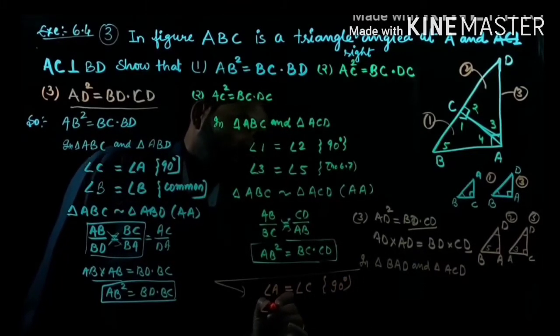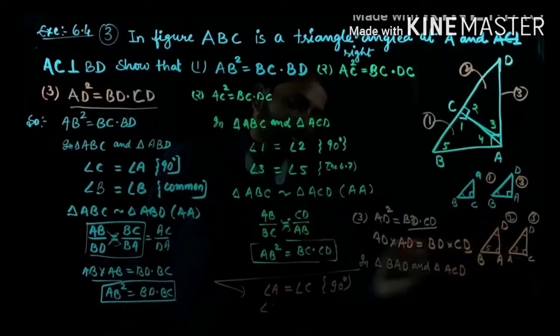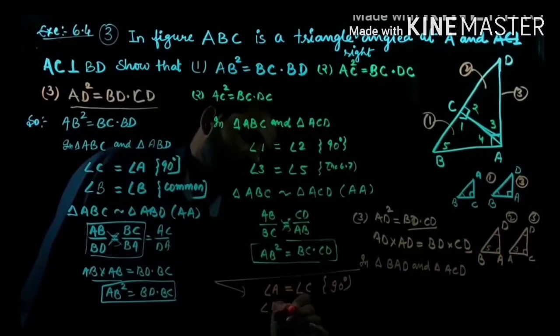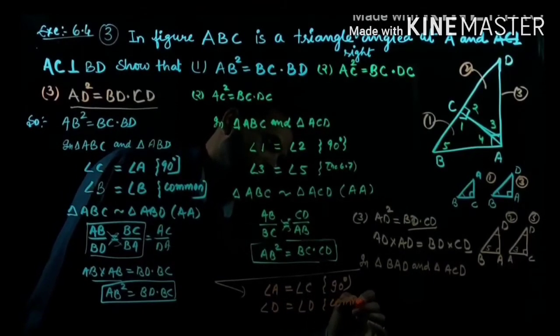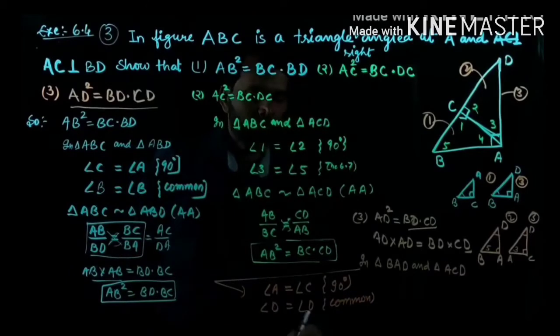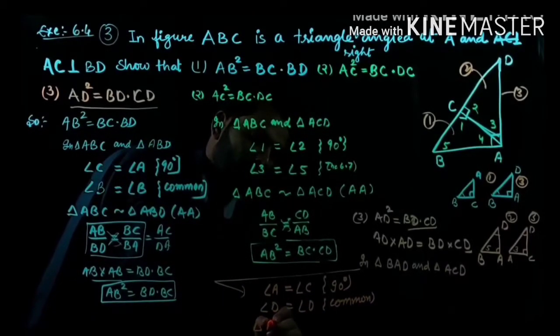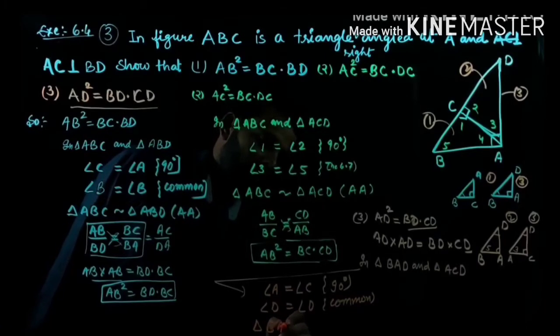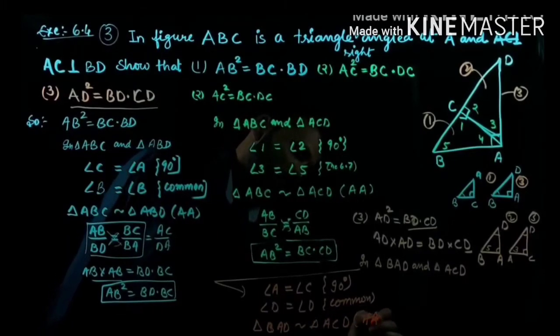Okay, now here we write angle A is equal to angle C, which is 90 degrees, and angle D is equal to angle D. It is a common angle. It means triangle BAD is similar to triangle ACD. Why? By angle similarity.